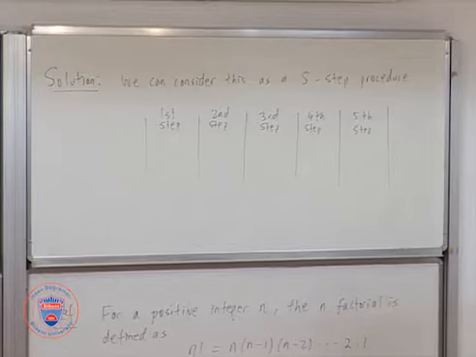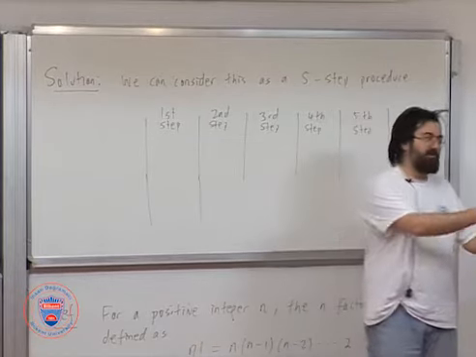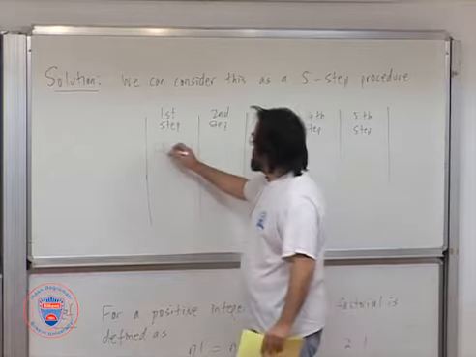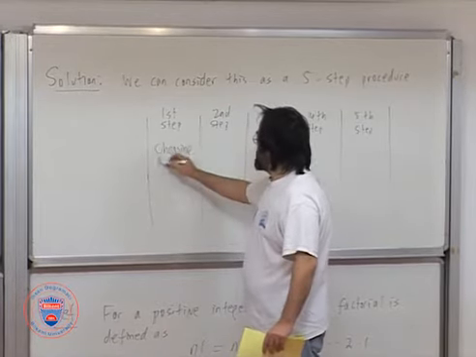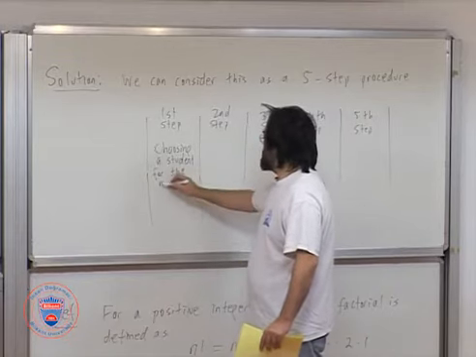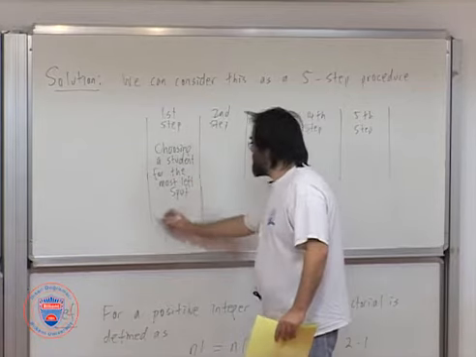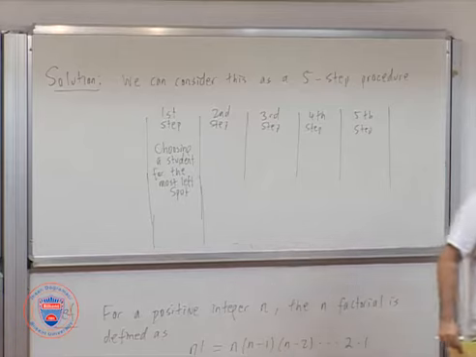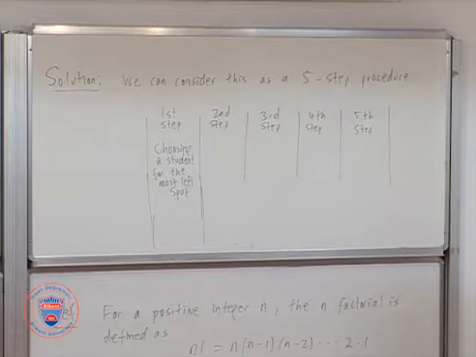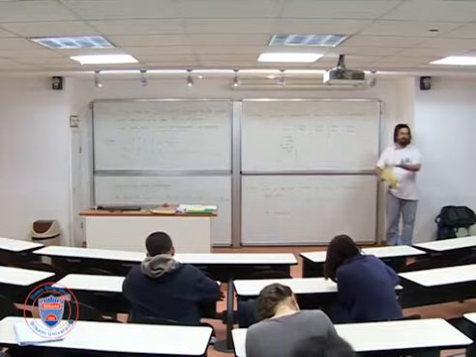So it's like you need to put someone in the most left. So the first step is choosing a student for the most left spot. You need to choose someone to be on the most left spot. That's your first step. Without this, you can't line them up.